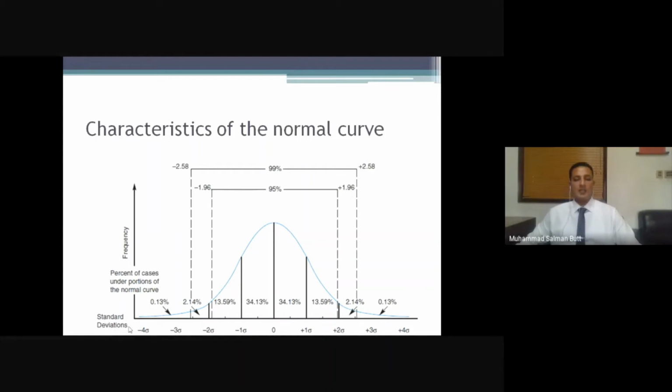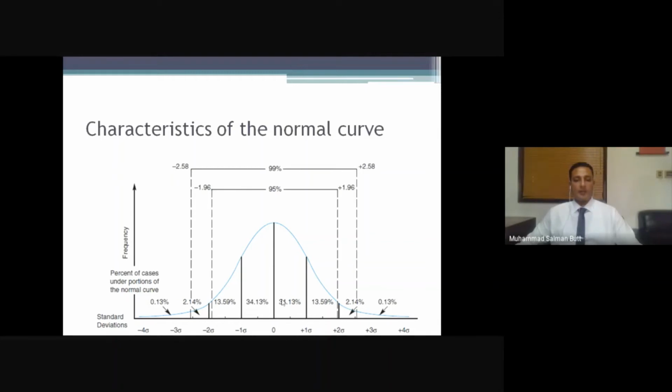Standard deviation is defined as the deviation from the mean value. How your data or values deviate from your mean value is explained through your standard deviation. If the mean is located here, then your standard deviation will be 0, meaning your mean is equal to that value.